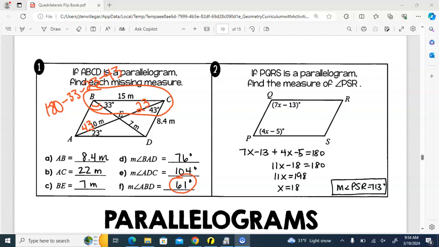And once you know that's 61, 61 and 33. ADC, I would have done 180 minus the 66.